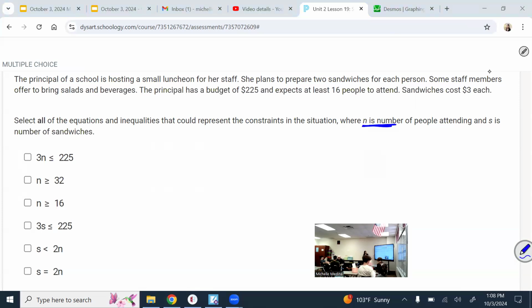So would it make sense to multiply the number of people by 3 and compare it to how much they have to spend total? That makes sense? I think so. Because it says that they want them to have a sandwich. No, 2 sandwiches for each person. So actually, I wouldn't pick that one.